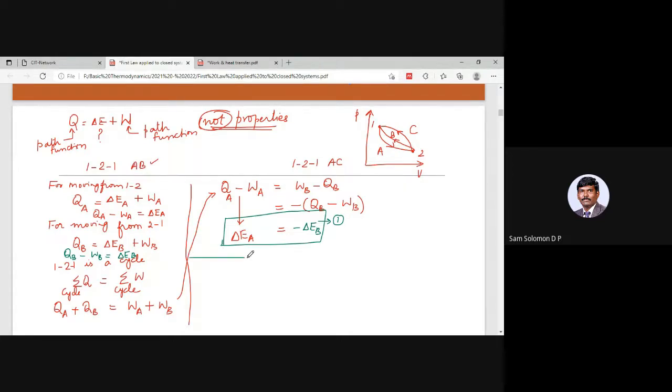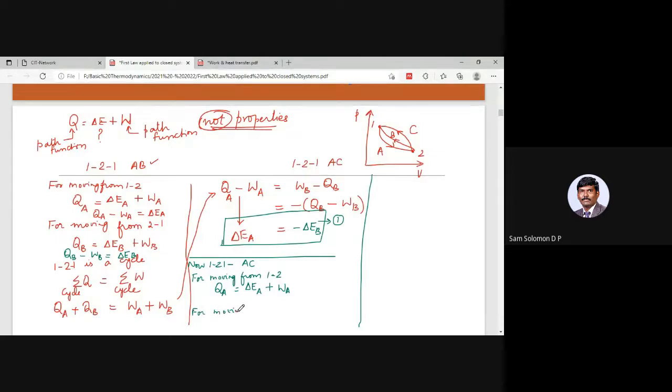Now let's consider the cycle 1 to 1, which is following the path AC. Let me follow the same steps. For moving from 1 to 2, using the path A, I can write QA equal to delta EA plus WA.